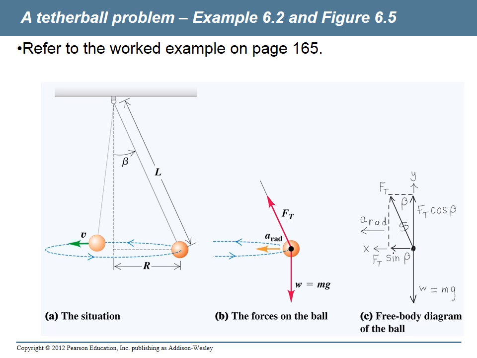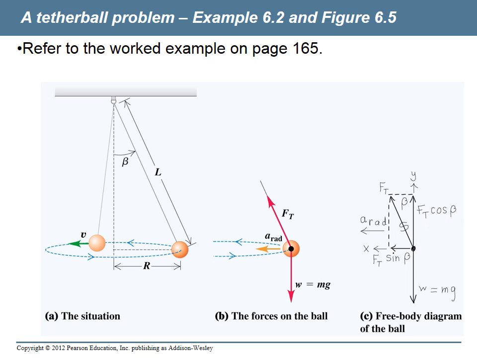Which can give us a, if I know this force, I can say F equals ma, and I can find the radial acceleration. Or really we can solve for anything. So the example asks us to derive equations for the tension force and the angle beta. So we have a bunch of equations.